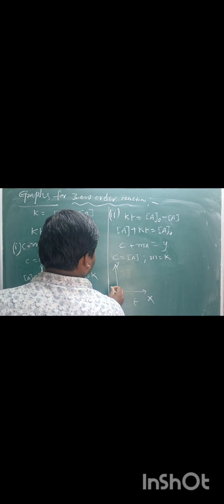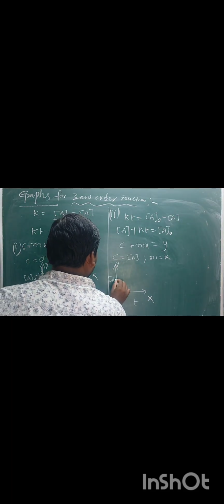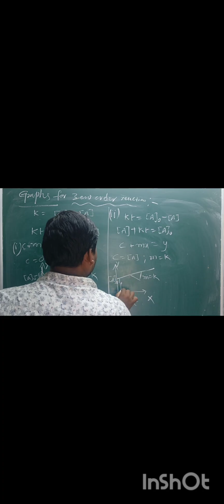The plot is time versus concentration of A, a straight line that does not pass through the origin. This is slope m is equal to k. This is called concentration of A naught.